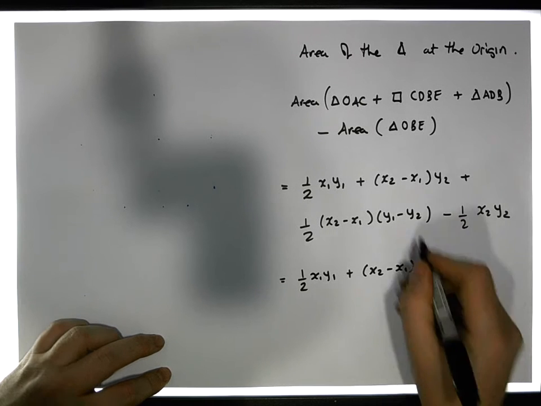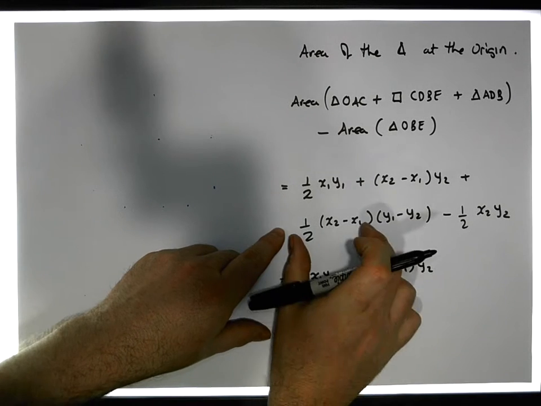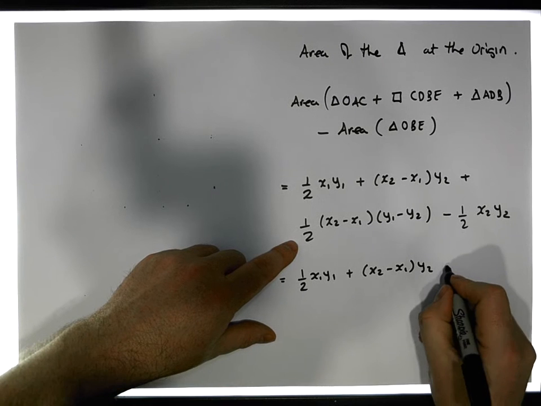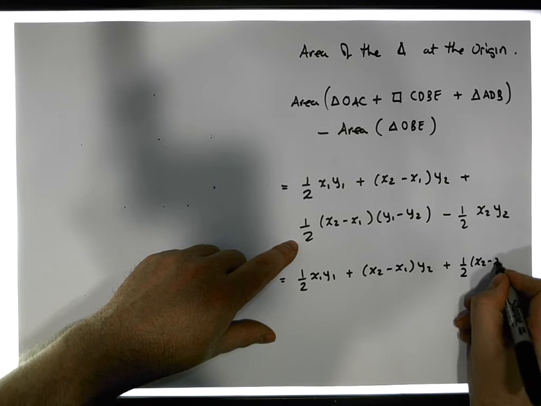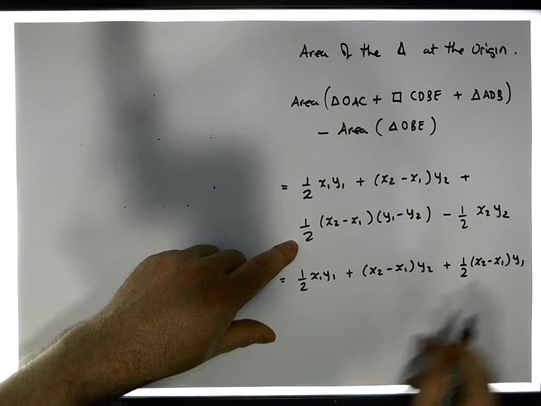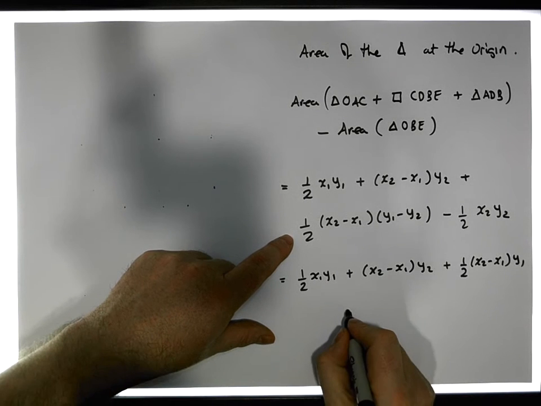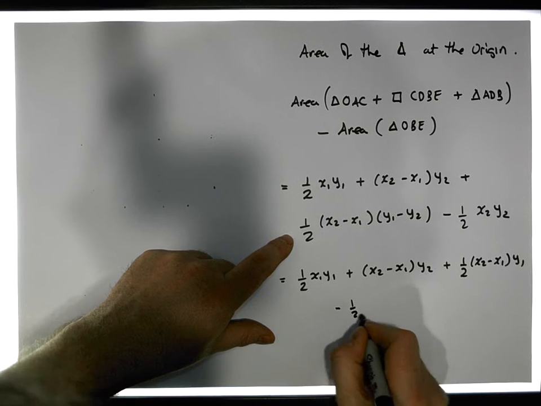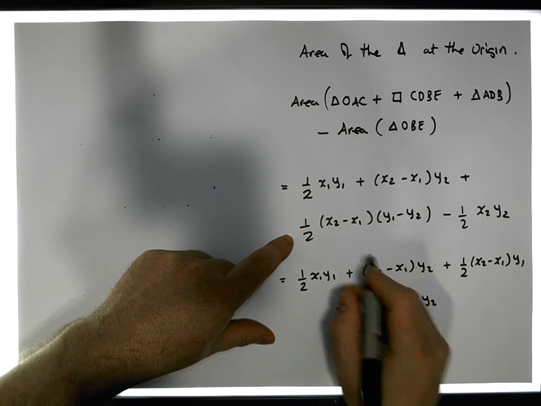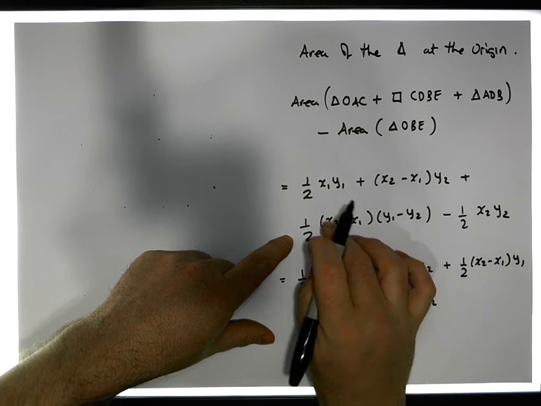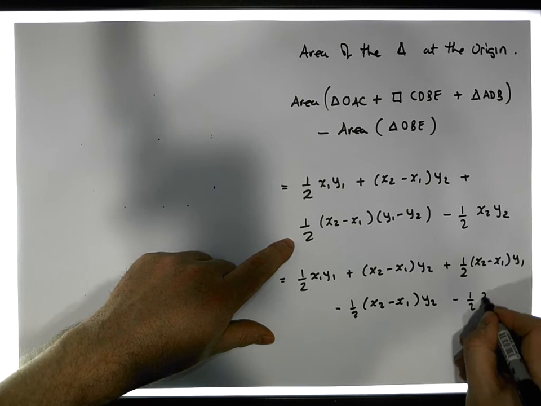Then it's this factor times y1, so it's plus a half of x2 minus x1 times y1, and this factor times minus y2, so it's minus a half of x2 minus x1 times y2. Now we've actually expanded this out.